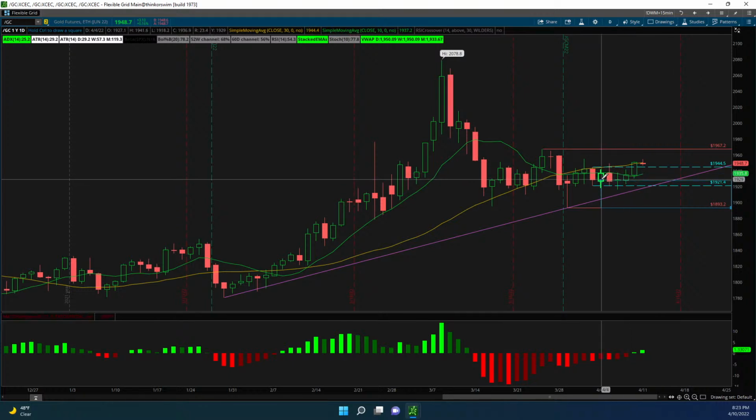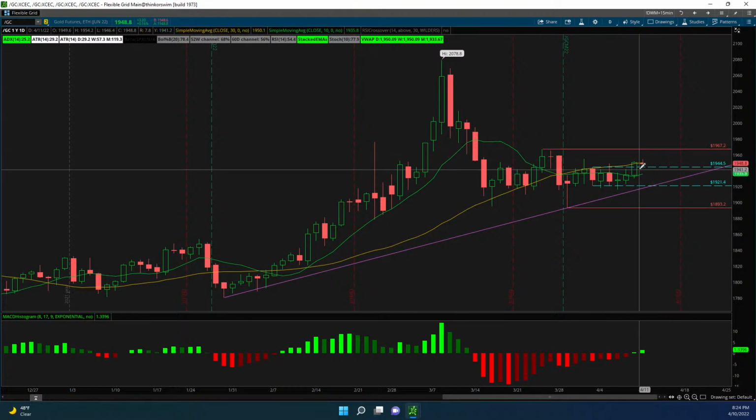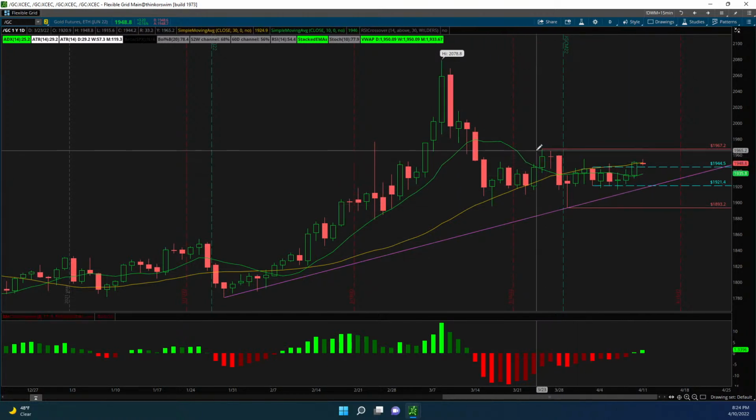So this is the week, and then you have the first day of the month, which was last Friday. But so it's trying to move up. You have some resistance here at 1967.2. So it could work its way up and then come back, and then see there's an ascending triangle right here.